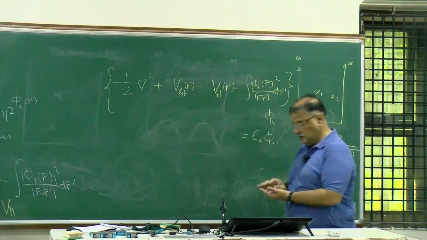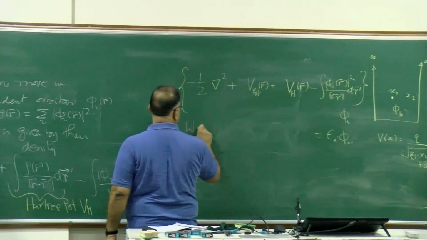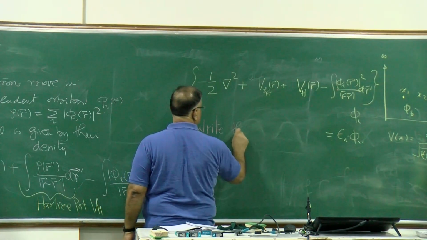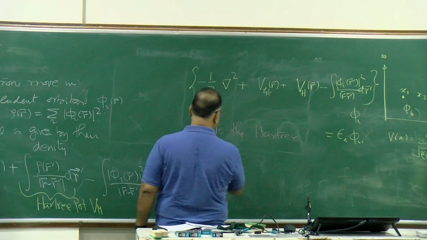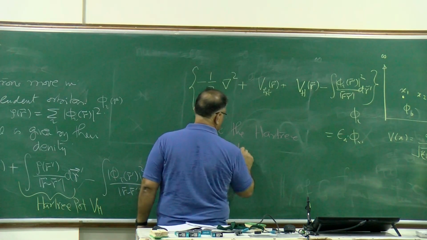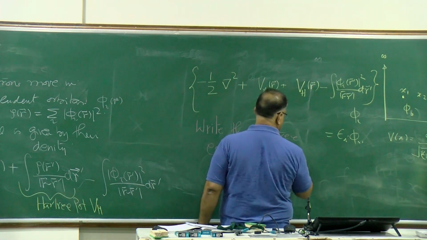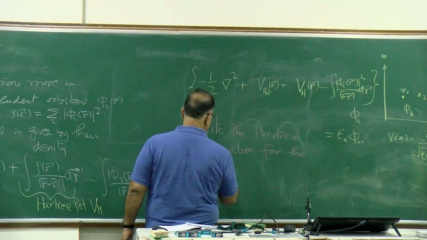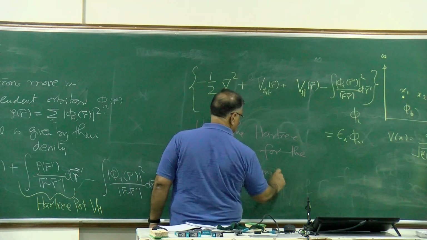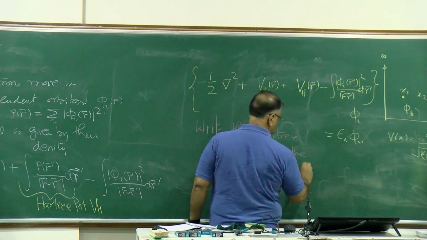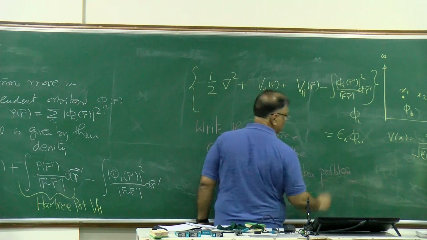So here's the assignment. Write the Hartree equation for the two electrons in a box problem.